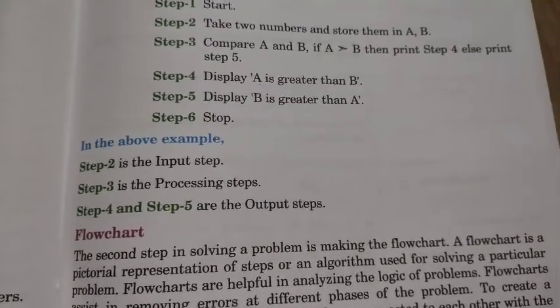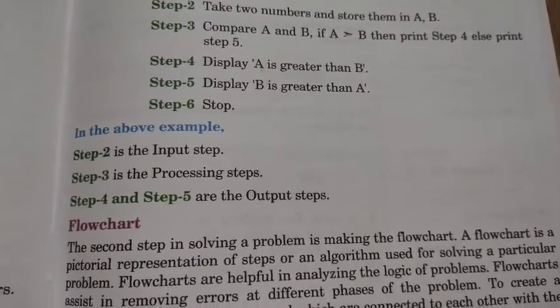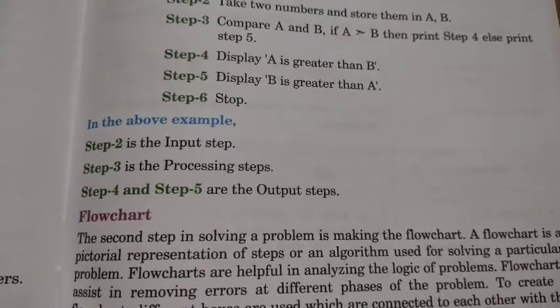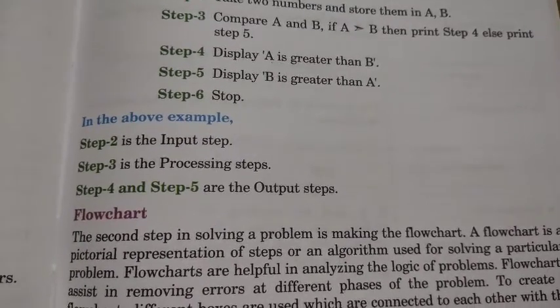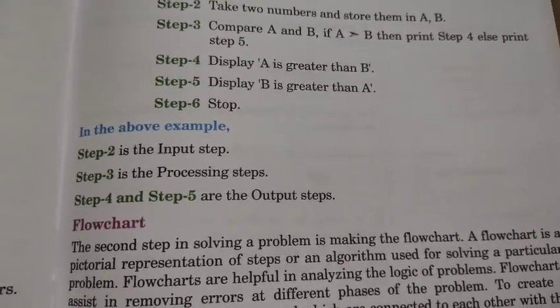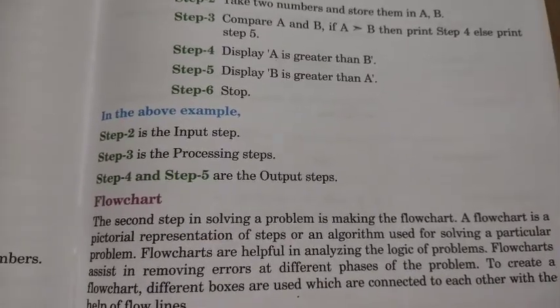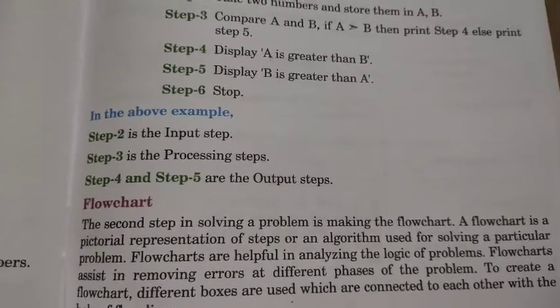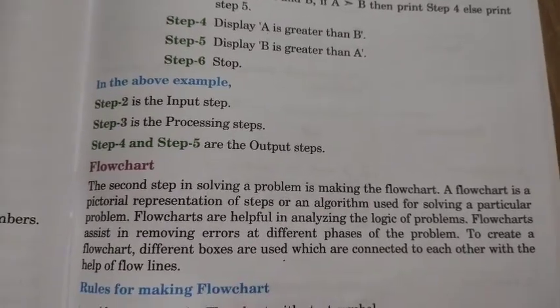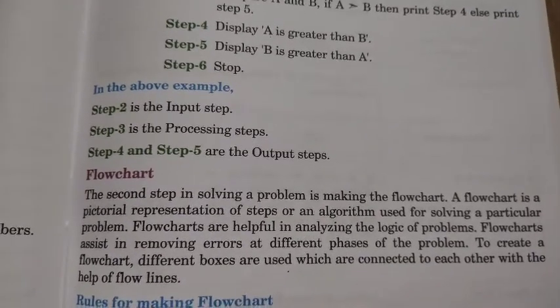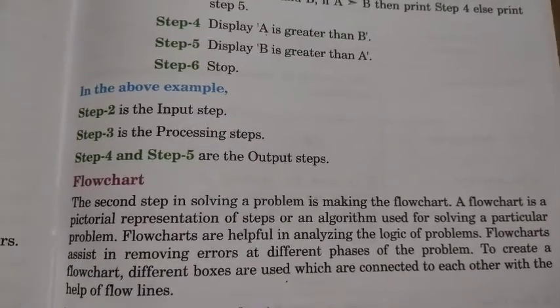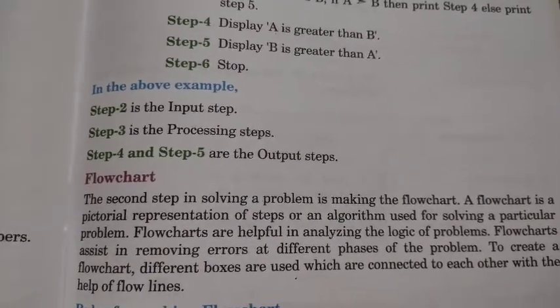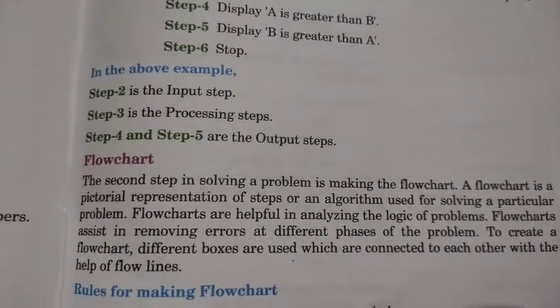Here there is no picture, so we are just making step number 1, step 2, step 3, 4, 5, 6, 7, 8 like that. But in the flowchart, everything is the same as the algorithm, but we are going to show the algorithm in a pictorial style, in picture manner.